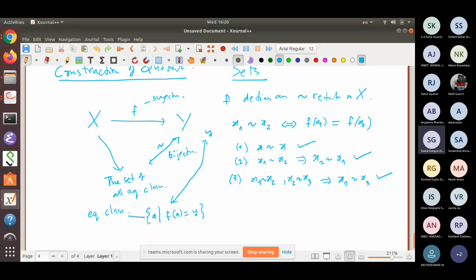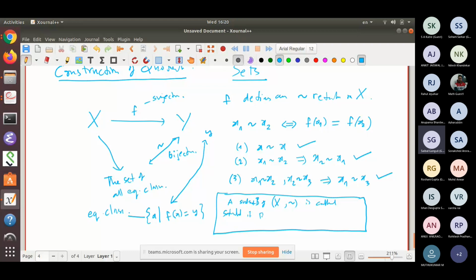Now somebody last time was asking me for the word saturated, wanted to see that word used. So let us use that word saturated. A subset of X, where X has an equivalence relation, is called saturated. Let's call that subset B. A subset B is called saturated if B is closed under the relation.